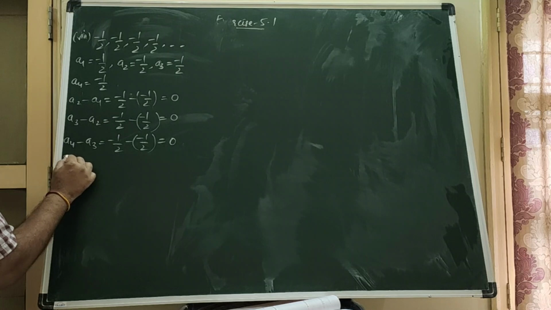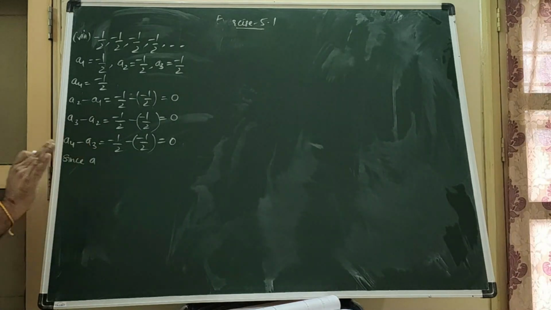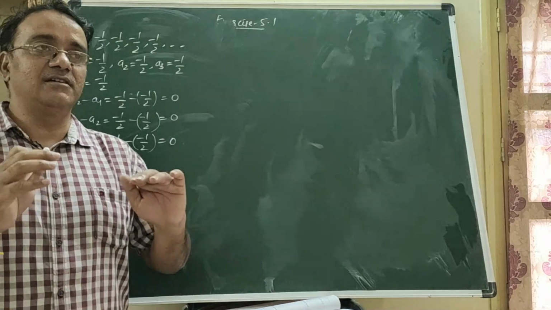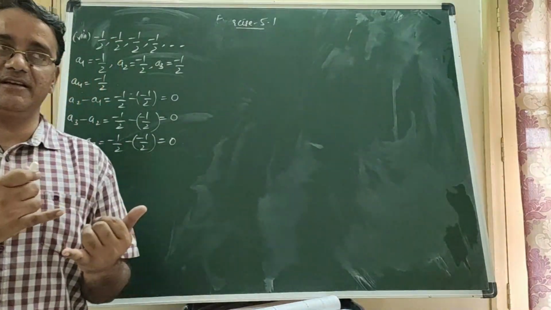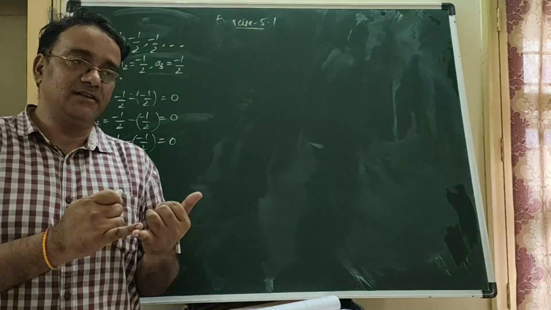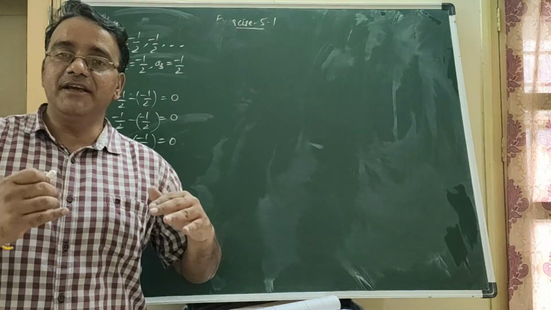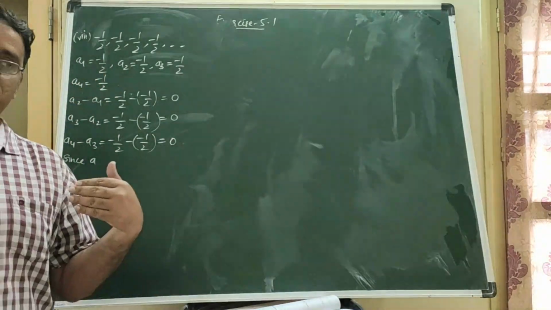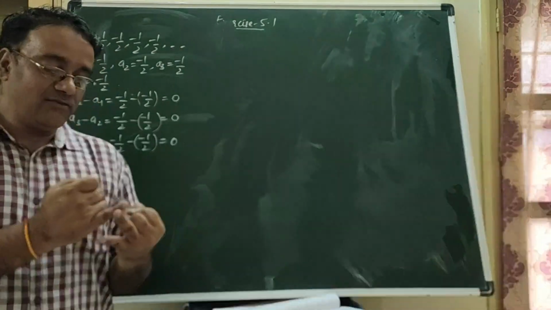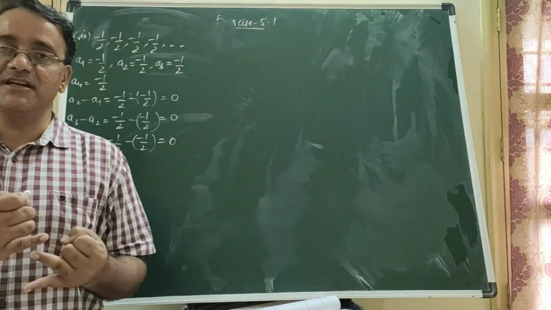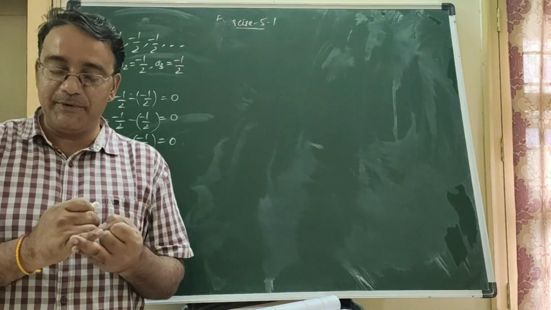Now, I told you in the last session in how many ways we can conclude. We can write that since each term is obtained by adding a fixed number 0, therefore it will form an AP. We can write that since the difference between each consecutive term is the same, therefore it forms an AP.